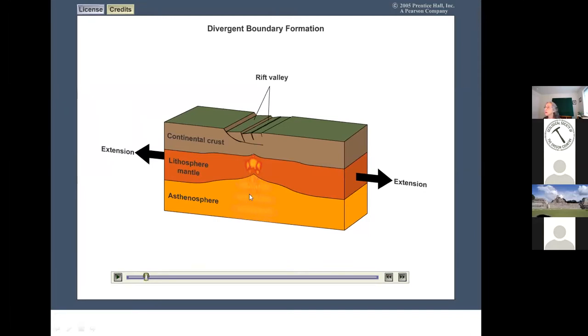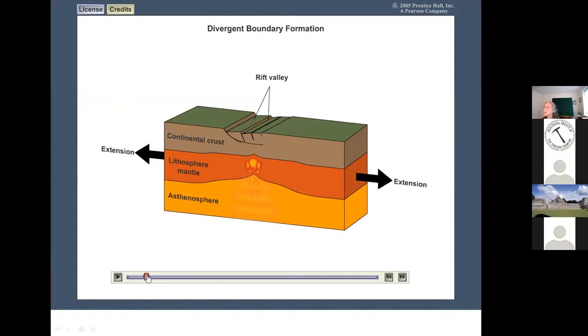We have hot magma coming up from deep inside the mantle in this area, and it's causing the area to rift. So we might call that a rift valley. We see one developing today in Africa. East Africa has a rift system, but this is also happening in the Basin and Range.